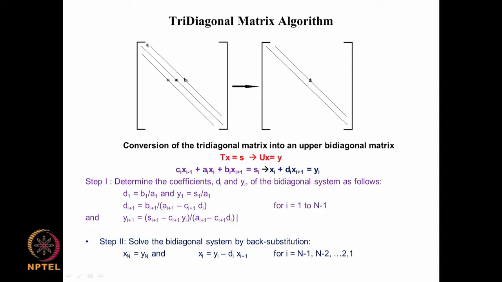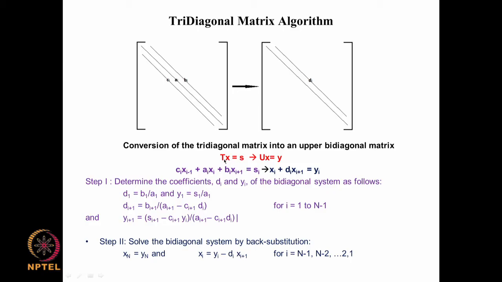to convert this tridiagonal matrix into an upper bidiagonal matrix, in which you have only two non-zero diagonals and all the others are 0, and out of these non-zero diagonals the main diagonal is taken to have values of 1. Every element on this has a value of 1, and only di are non-zero, and these are yet to be determined.